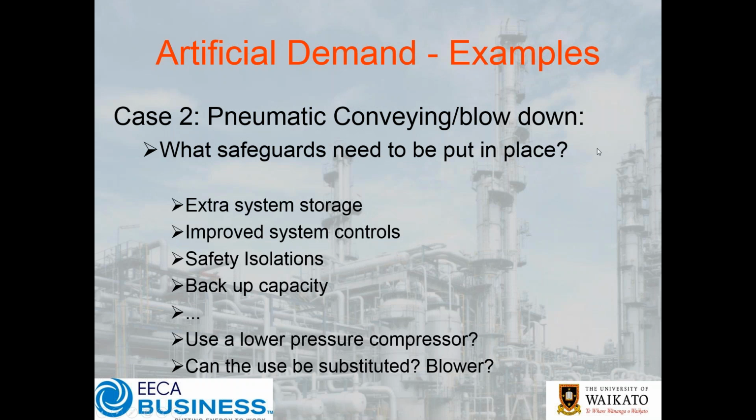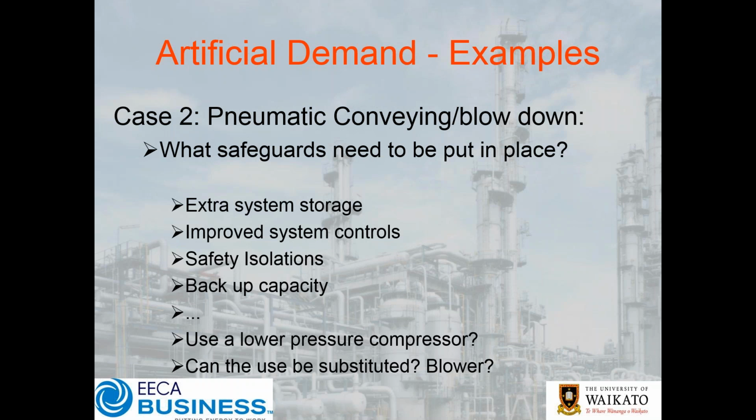Now obviously if you're going to do this, you need to make sure you've got enough storage and system controls, safety isolations. What happens if you lose your pressure? Does something block up? Now the other thing, of course, is in these sort of applications, you should not really be using 6 or 7 bar instrument air for this sort of application.